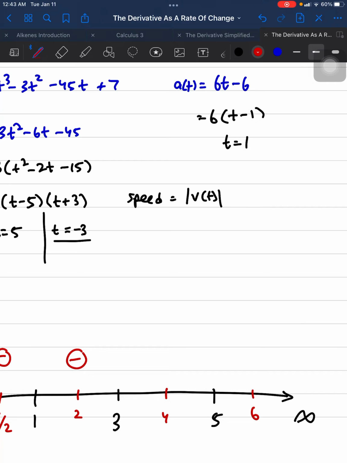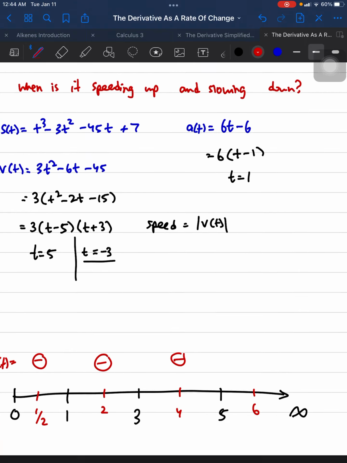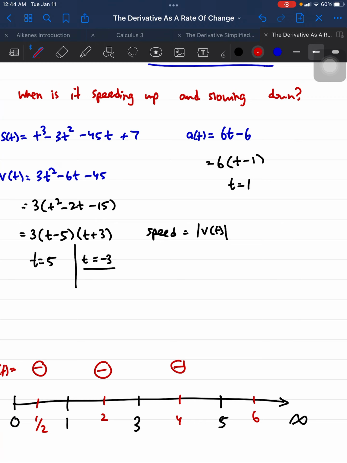And then when we evaluate this at 4, we get negative 21, so we get another negative value.